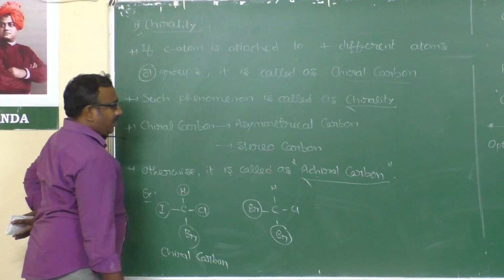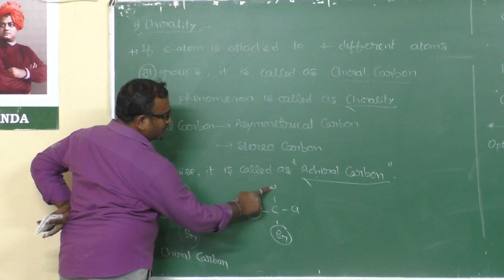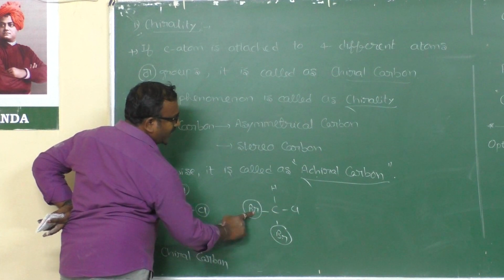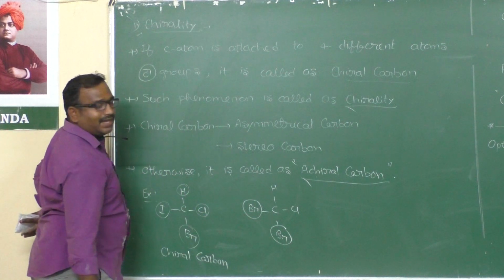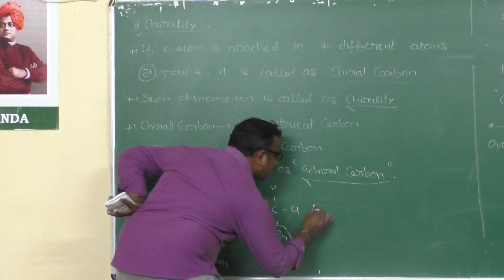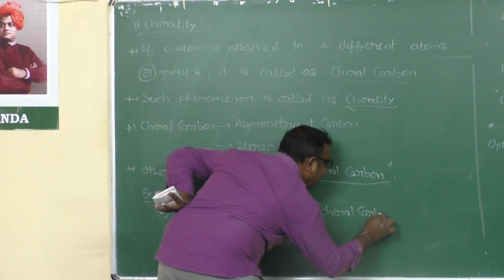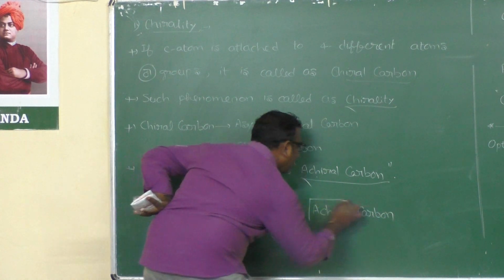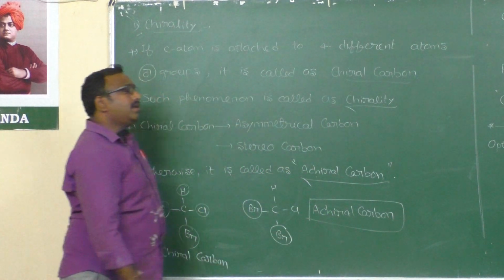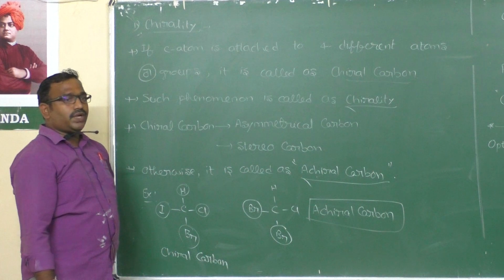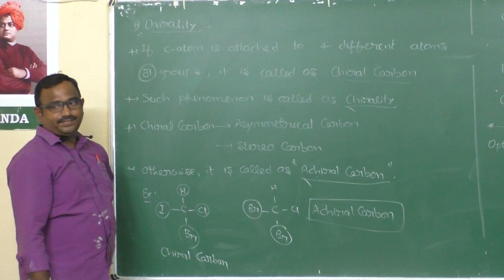Here, the carbon atom is attached to 1 hydrogen atom, 1 chlorine atom and 2 bromine atoms. That's why it is called an achiral carbon. A carbon attached to 4 different groups is called a chiral carbon. Otherwise, it is called an achiral carbon.